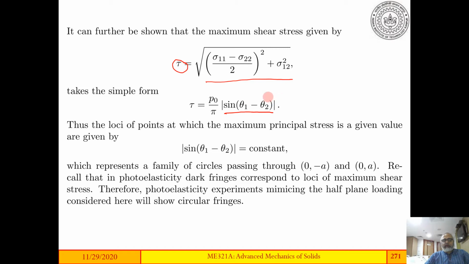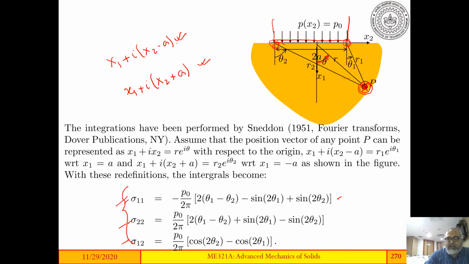Over a curve on which sine theta 1 minus theta 2 is constant, tau is a constant. So this curve on which sine theta 1 minus theta 2 is constant is representative of a family of circles that passes through the edges of the load.